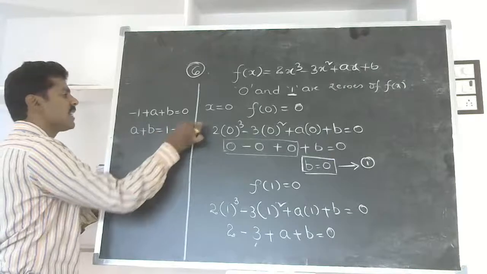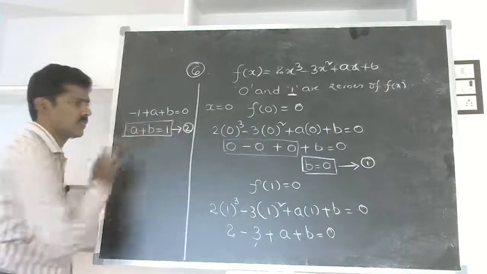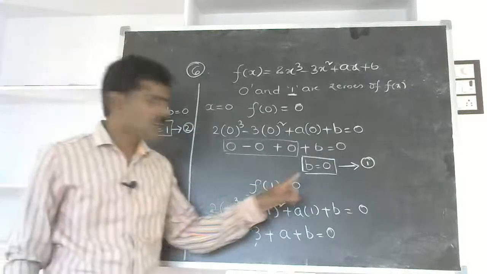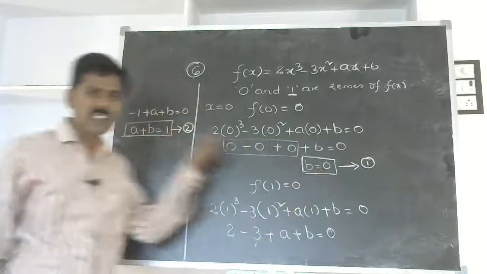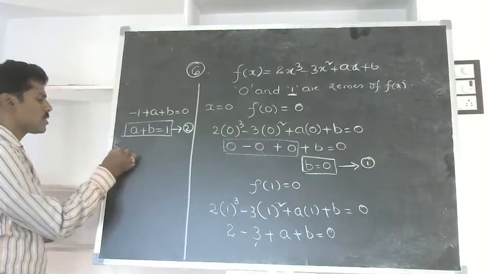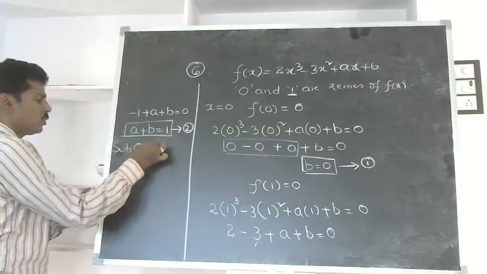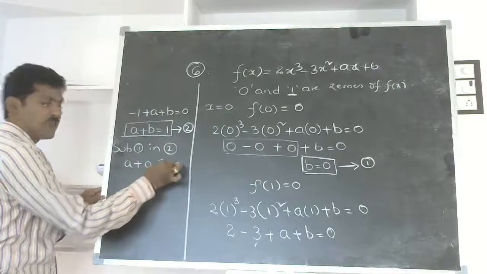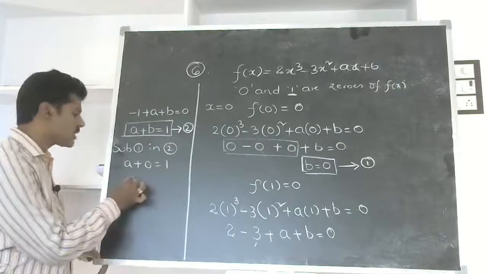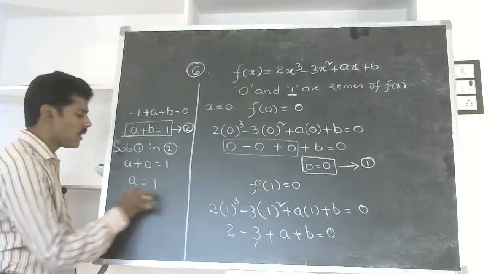This will be treated as the second equation. In the first equation I got b equal to 0, so I can substitute that b in equation 2. So substituting 1 in 2, I will get a plus 0 equals 1, then a equals 1.